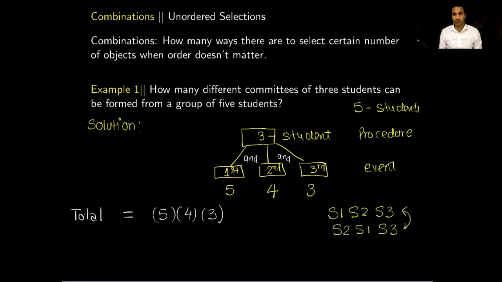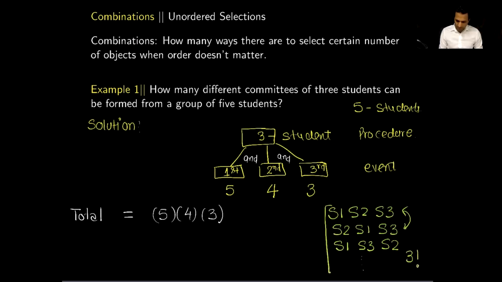So there are some ways which are identical, and we need to discount these ways by using the division rule. Also notice that this is not the only way identical to S1, S2, S3. If I do S1, S3, S2, this is also an identical way. In fact, there are 3 factorial ways which are identical.